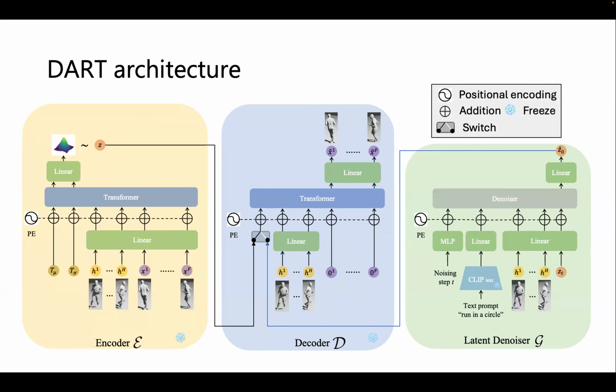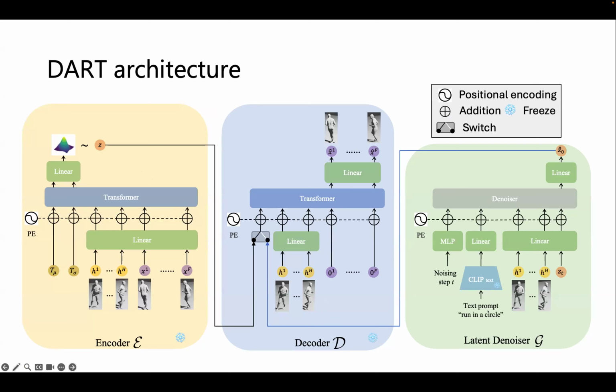Given this latent space, we learn a diffusion model. During the denoising process, the diffusion model tries to reconstruct this latent vector. The VAE part is frozen because it's pre-trained, this latent representation of human motion.